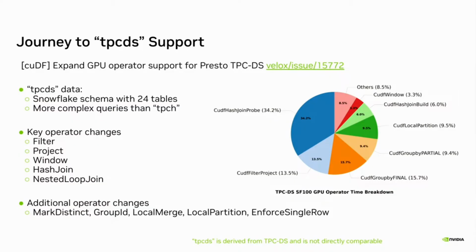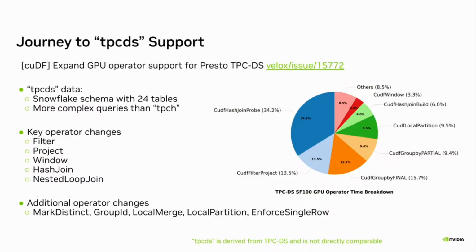Another advantage of entirely GPU accelerating this benchmark is that there is very little data transfer between host and device, and we don't have to rely on CPU fallback for operators.